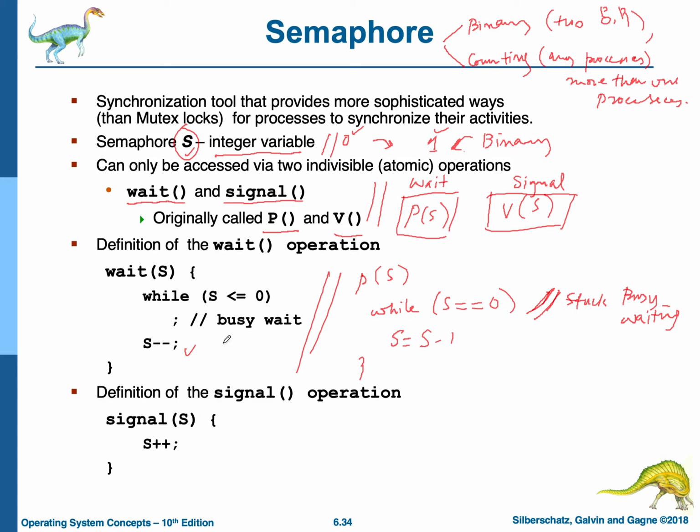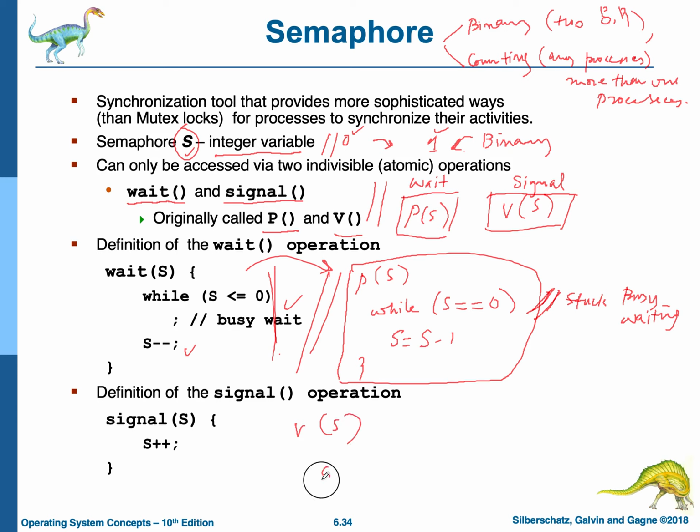This is the same thing as before, but the earlier one was complicated, so I simplified it here. This is much simpler for you guys. On the signal side, we have V, which, when it's over, gives a signal and increments the S value by 1.